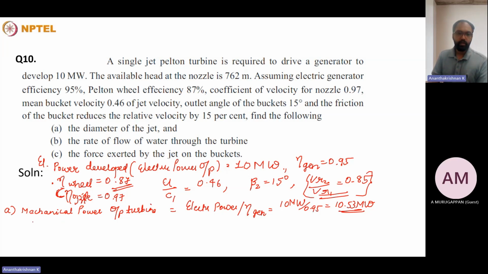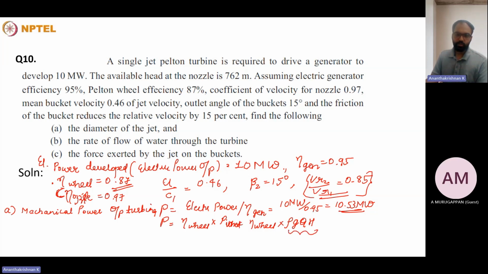And from this mechanical power, you can represent it as P. So this P can also be written as the efficiency of the wheel multiplied by the power which is available, not at the inlet, the actual power produced by the wheel.